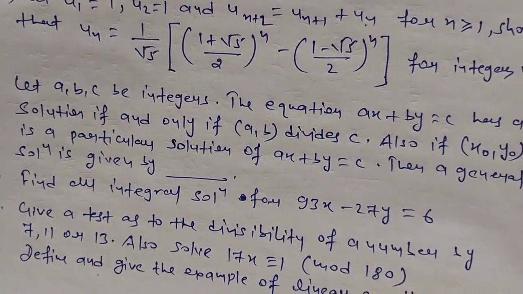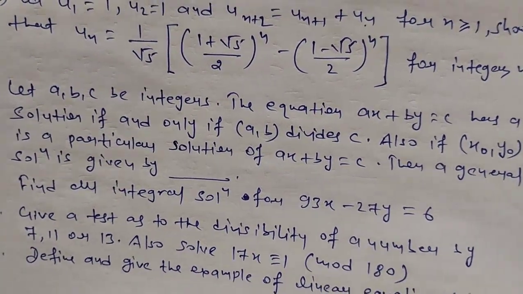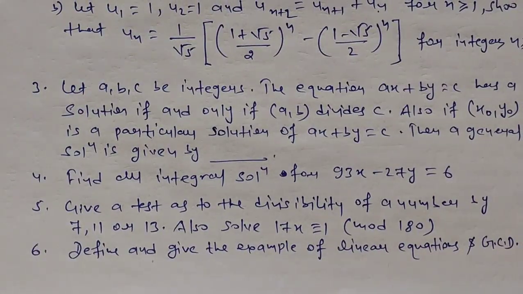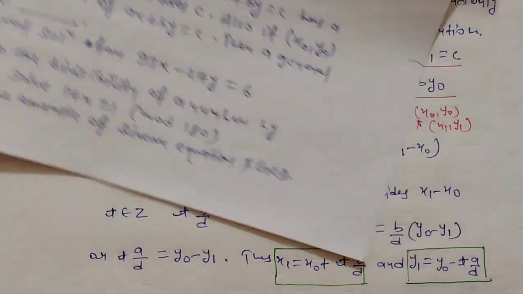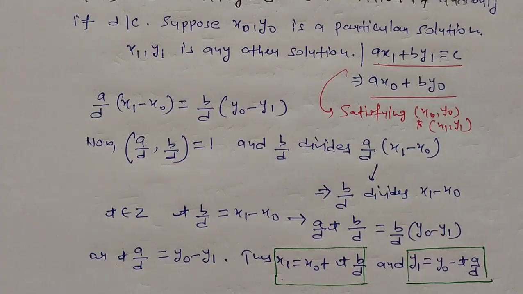Also, the fourth problem is: find all integral solutions for 93x minus 27y is equal to 6. To solve this, first of all we have 93 and 27.